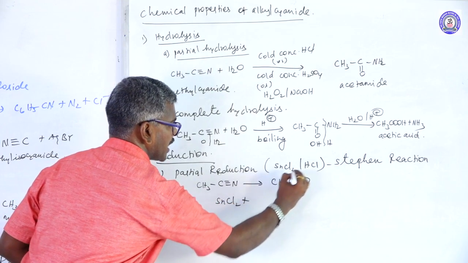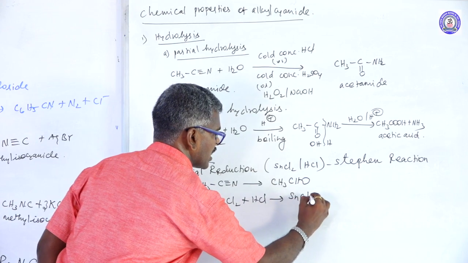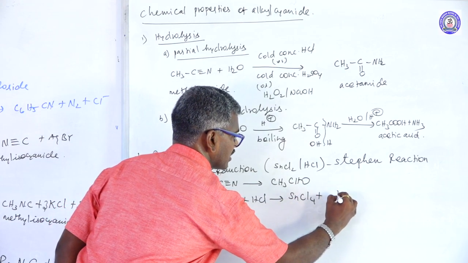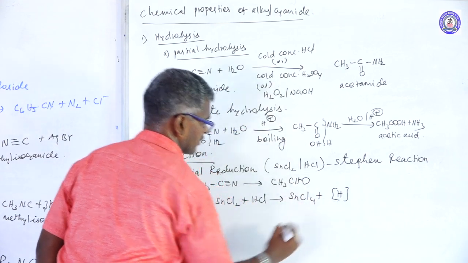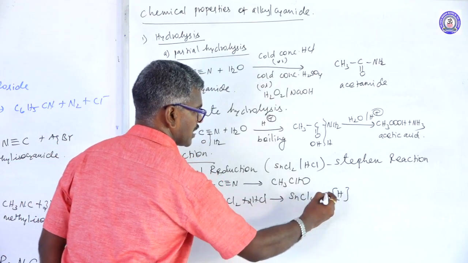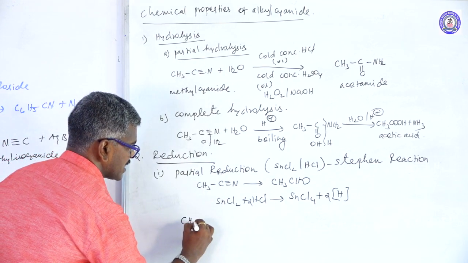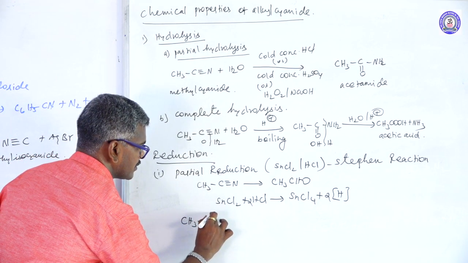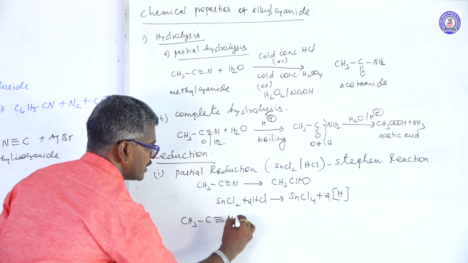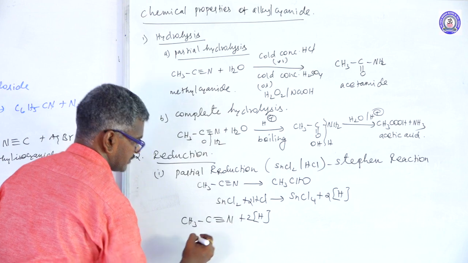SnCl2 reacts with HCl to form SnCl4 plus removal of hydrogen, two hydrogens. This hydrogen reacts with methyl cyanide, CH3C≡N, with two hydrogens.